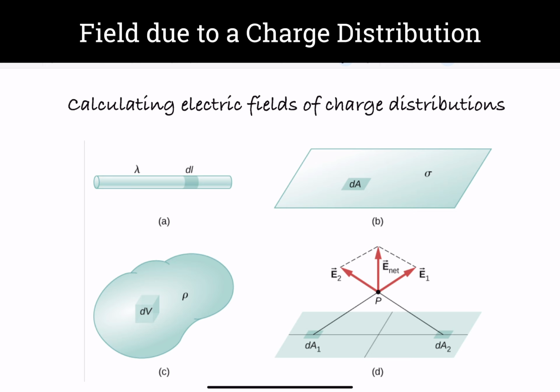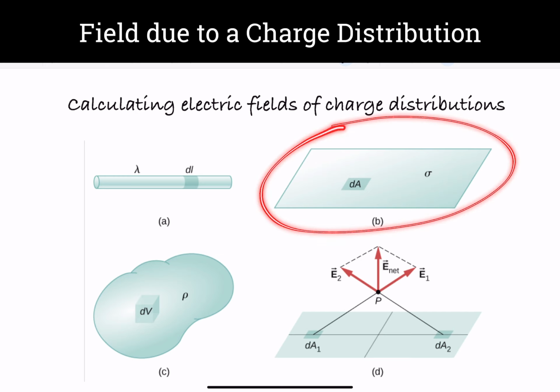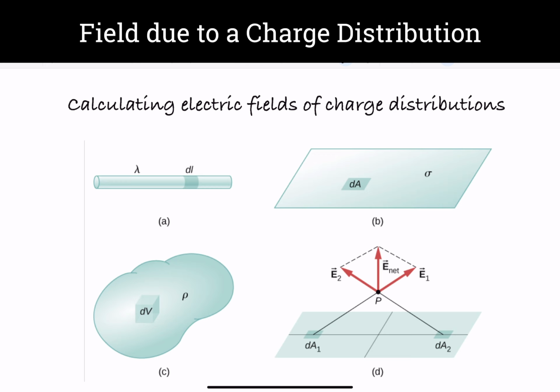Okay, so that's lambda. But if the charge is spread out on a uniform flat plate, as shown here, all over its surface, then instead of defining linear density, we have to define surface density of charge, sigma. And sigma in this case is Q over the area, the surface area.